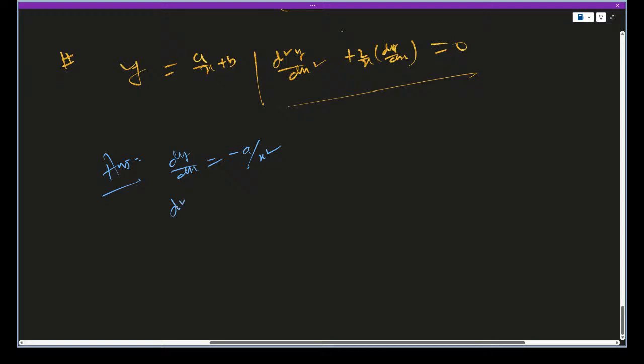And d square by dx square minus 2a by x cube. Just put it there. Is it being satisfied or not?